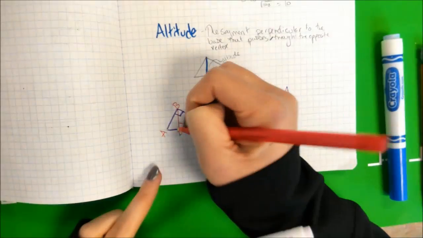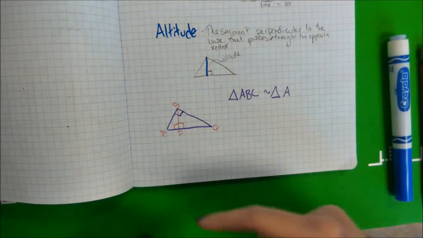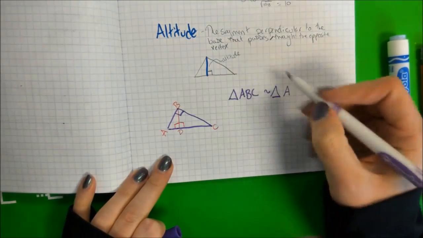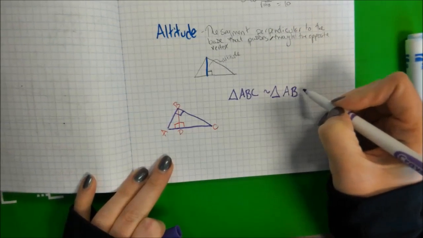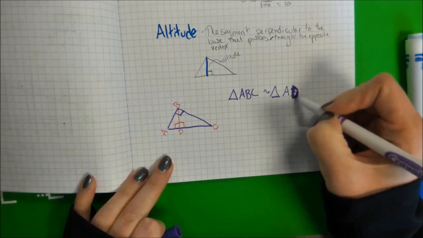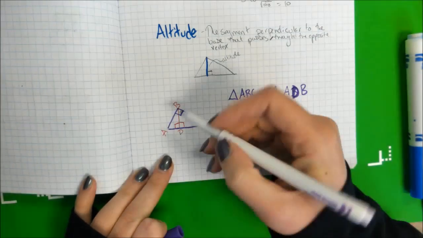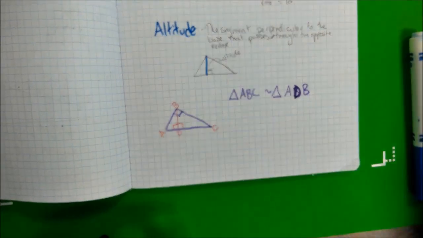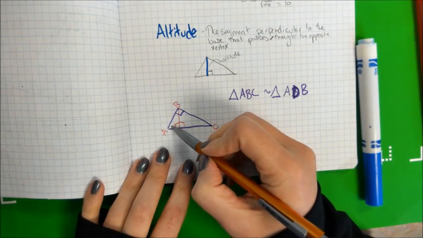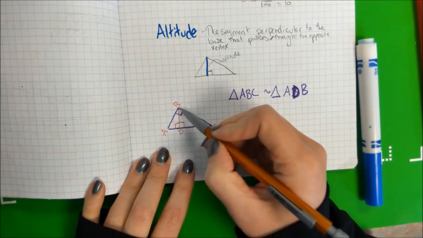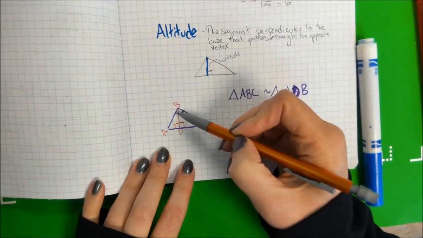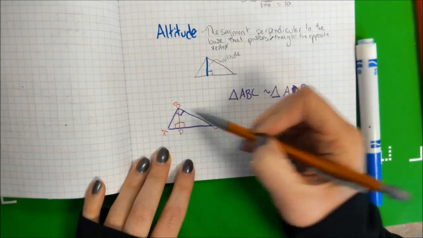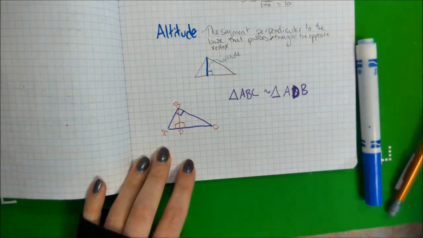B is my right angle, and I know both angles right here are right. So ADB is similar to ABC. Why is this true? Well, they both share angle A, they both have a right angle, and therefore their third angle, angle ABD and angle C, must be equal.